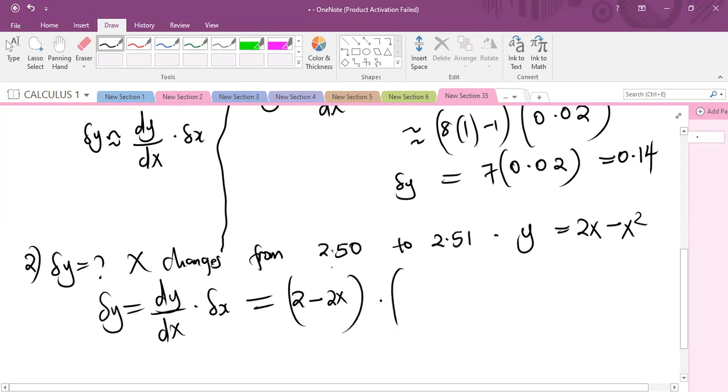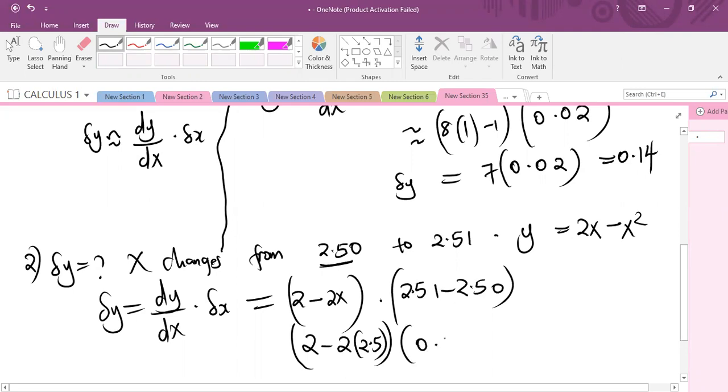x is changing from 2.50 to 2.51. So the small change in x will be 2.51 minus 2.50. And what was the original value of x? It was 2.50. So I have 2 minus 2 into 2.5, and then all this is multiplied by 2.51 minus 2.50, that is 0.01.